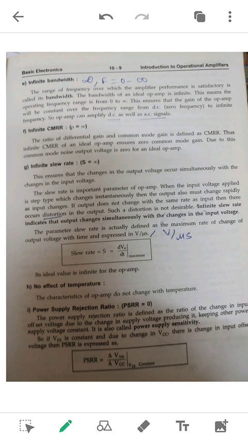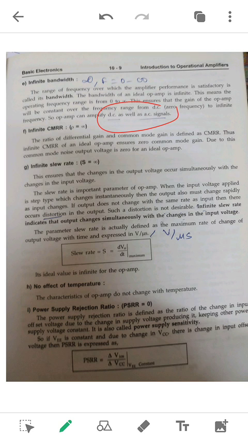Here, in this case, infinite bandwidth, so the frequency range is from 0 to infinite, and the advantage of this 0 to infinite range of frequency ensures that the differential amplifier can amplify DC as well as AC signals. This point is very important: DC as well as AC signals, that you can observe here.